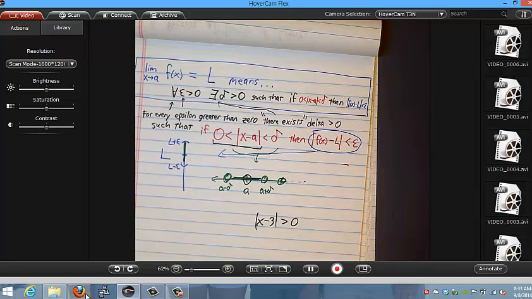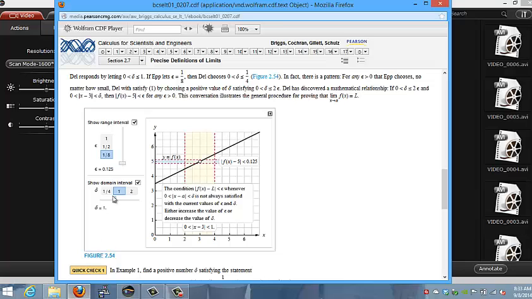You look at the applet again, and you say delta equals 1, that's no good. Because I'll have outputs that are not in what I call the epsilon window. I mean, delta equals 2 is even worse.